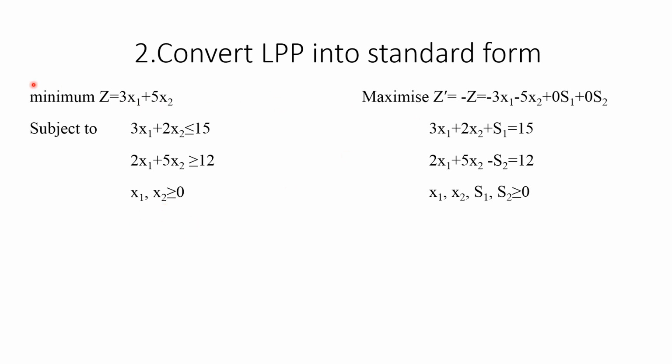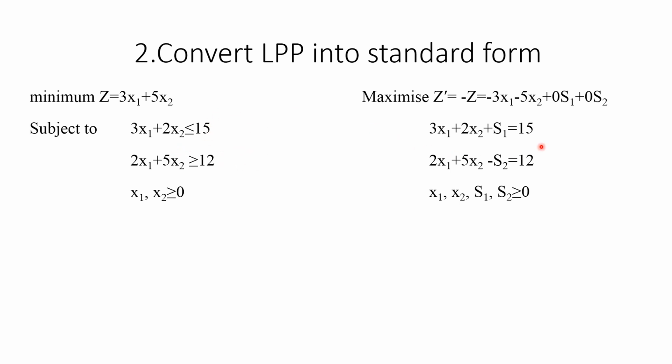Okay, so first of all we convert this minimum function into a maximum function. How can we convert? We have to multiply it with -1. So it will become maximum, so minus z, which is equal to, the right hand side also will be negative, so minus of 3x1 minus of 5x2, and this new function we assign as z dash. Restriction condition 3x1 plus 2x2, which is less than equal to 15.